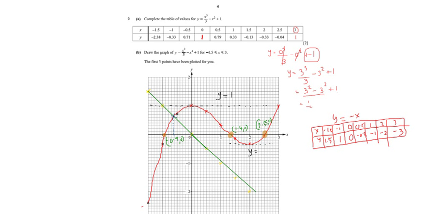We just look at the table. At 2 the value of y is minus 0.33, so y is equal to minus 0.33.